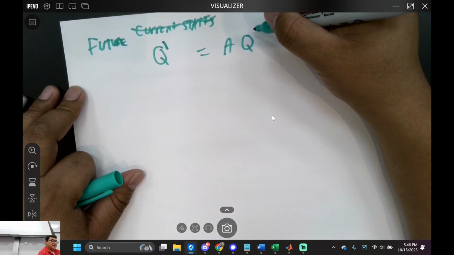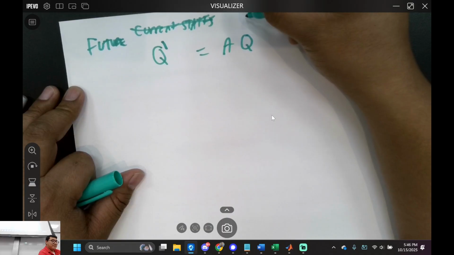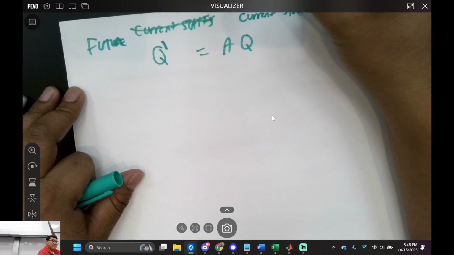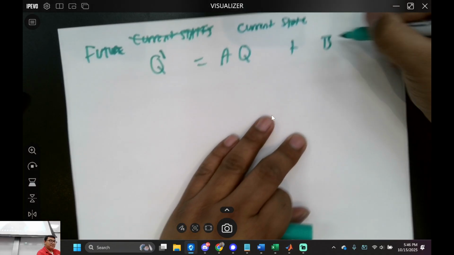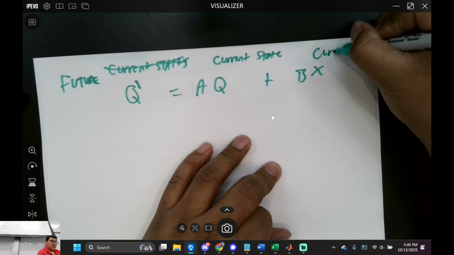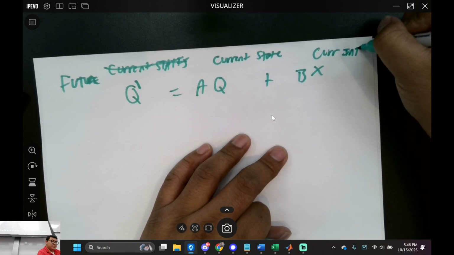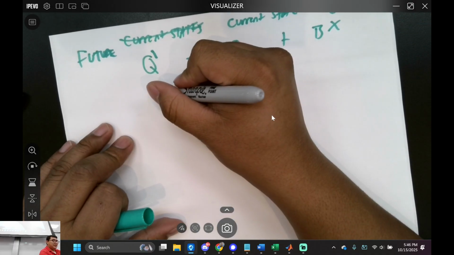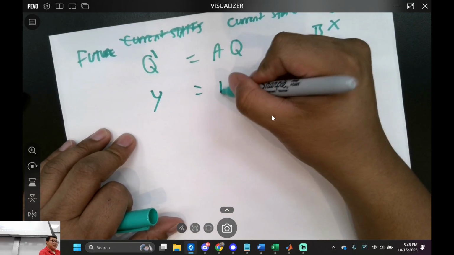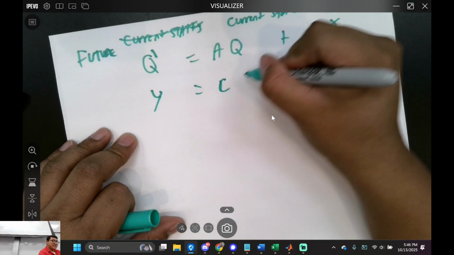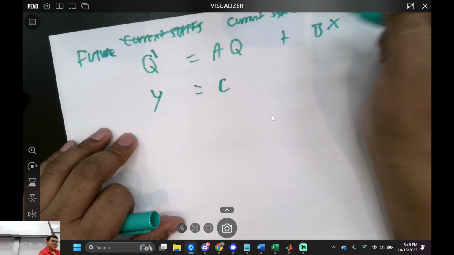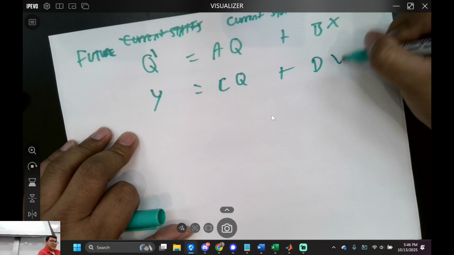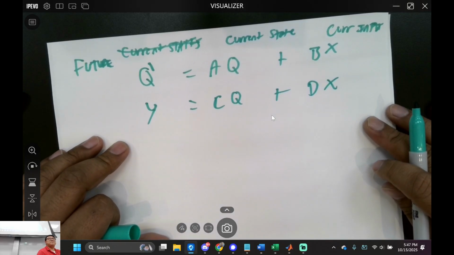Q plus, and then Q now, current state plus B input. Does that make sense to everybody? And then the output Y is equal to, A, B, C, am I doing this correctly? C of Q plus D of X, is that correct? Did I get that right?